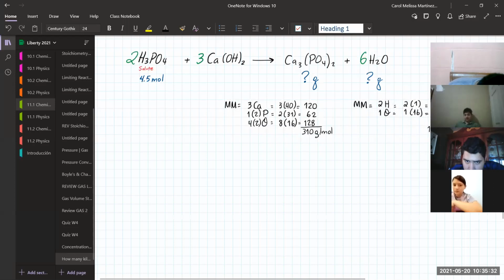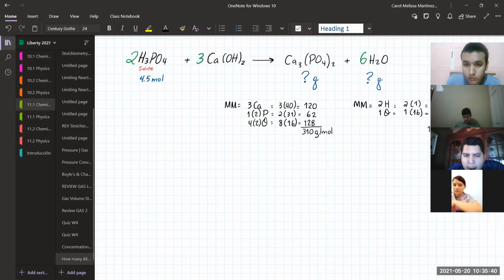Okay, once I have the molar masses, I can get what the problem is asking me to find. I always begin with my given. They are giving me moles of solid.